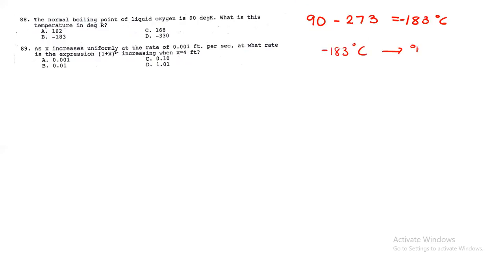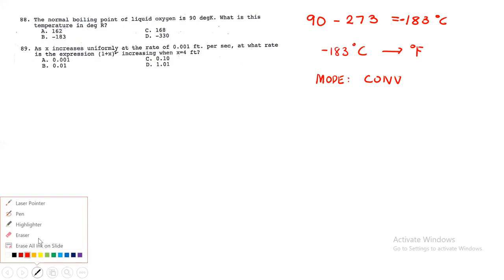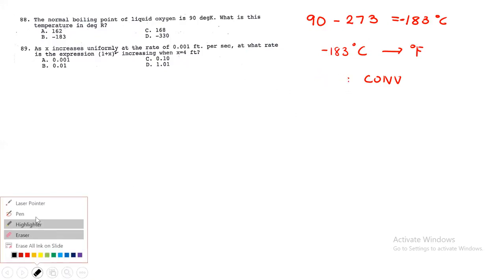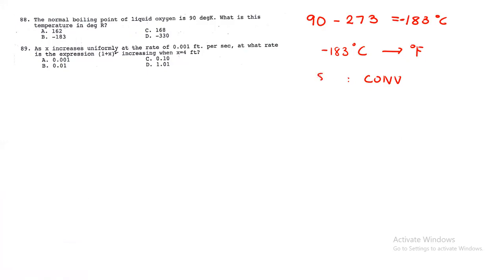convert to degree Fahrenheit. So pwede tayong gumamit ng mode convert na lang sa calculator. So pwede tayong gumamit na lang ng mode convert or shift convert na lang. Shift convert.